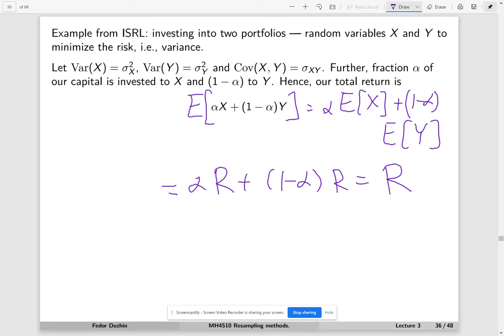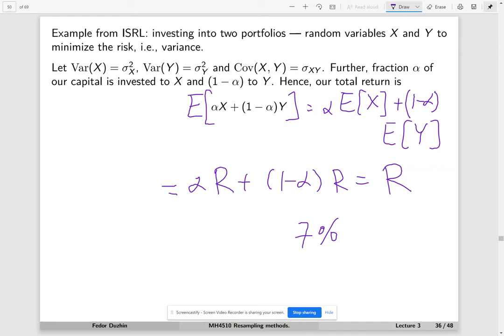Seemingly, it doesn't matter how much of our capital we invest in X and how much in Y. But although the expected return is the same, there is a particular value of alpha that minimizes the variance of our portfolio, and the variance is associated with risk. If our expected return is, say, 7%, it means that on average we're going to get 7% back.